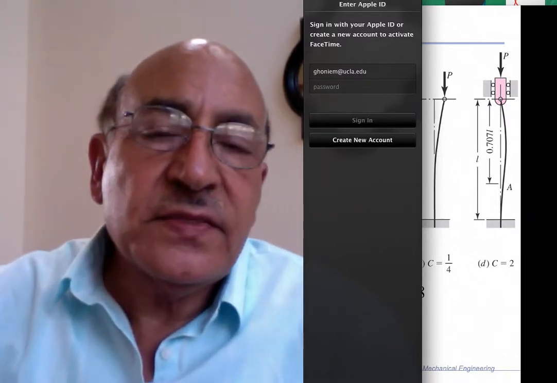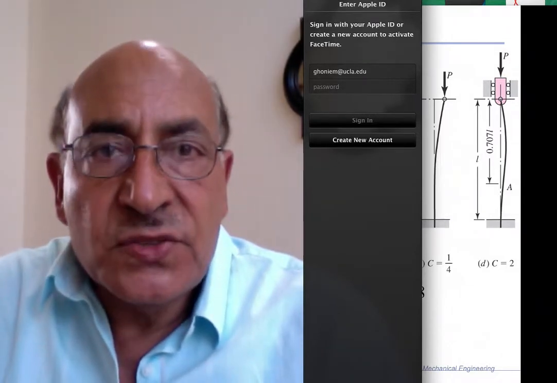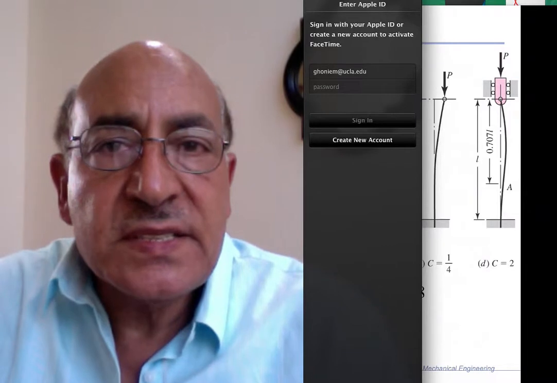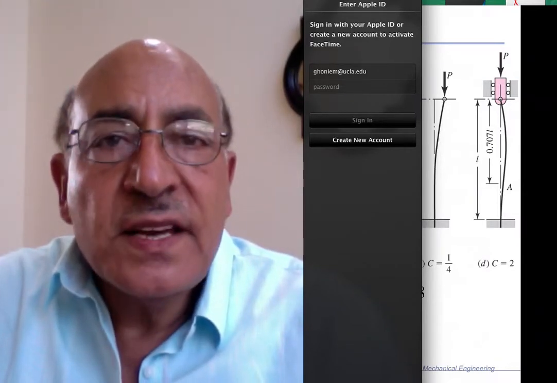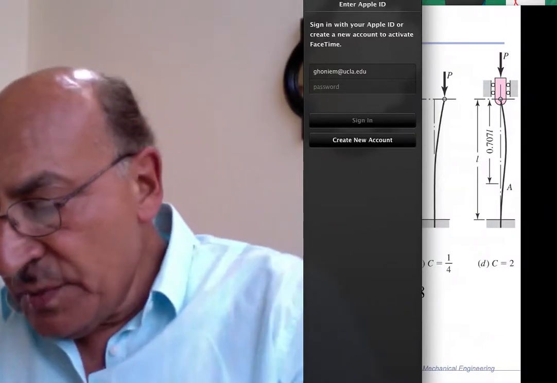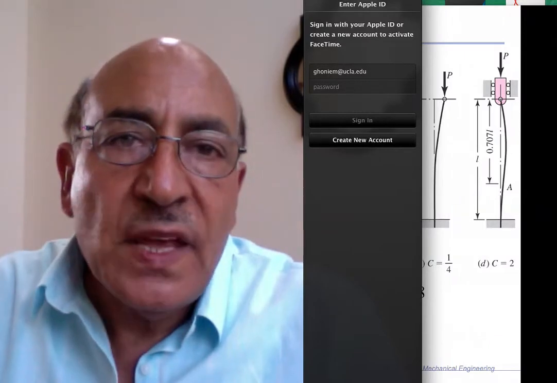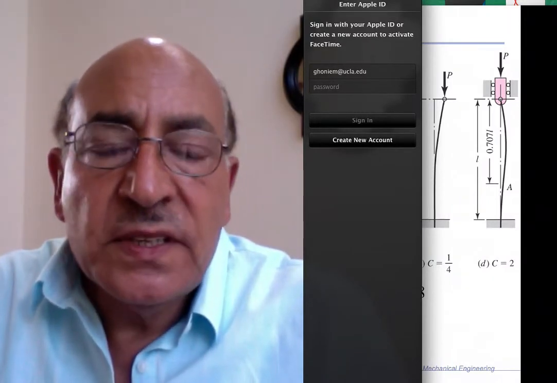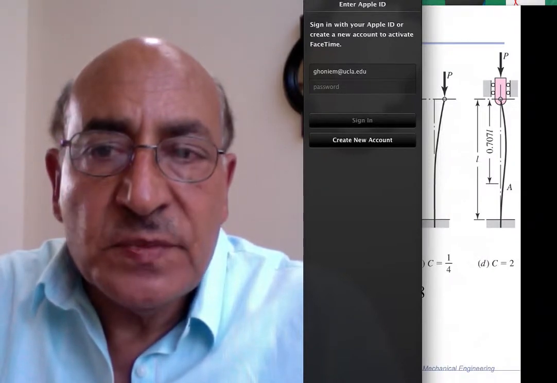That's the deflection equation. The solution to this is very simple. It's sine and cosine, and it has a wavelength, and the wavelength is determined by this quantity P over EI. And another aspect is that the end boundary conditions determine that.